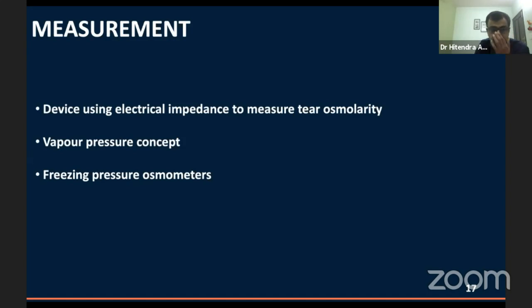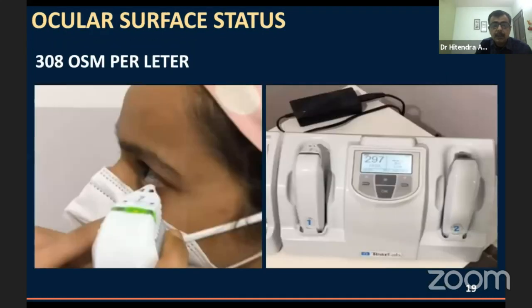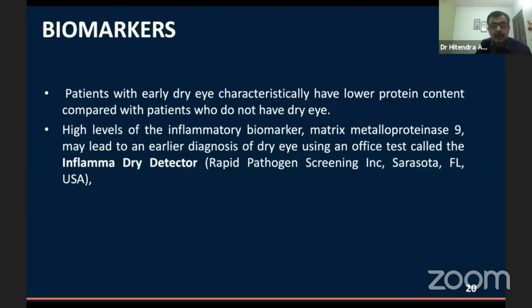We will not be going into the detail, but the most commonly used are the devices using electrical impedance, which are the TearLab or the I-Pen. This is how tear osmolarity is tested, and a value of 308 mOsm/L is the cutoff; if we have a value more than this, then the tear film is definitely unstable and the patient has a dry eye.